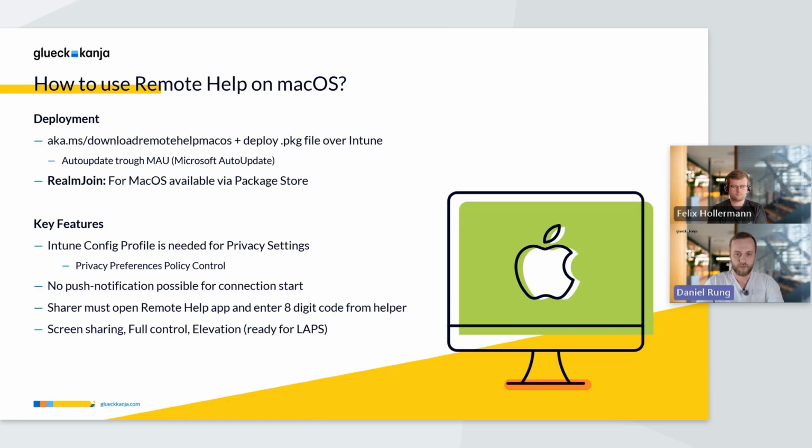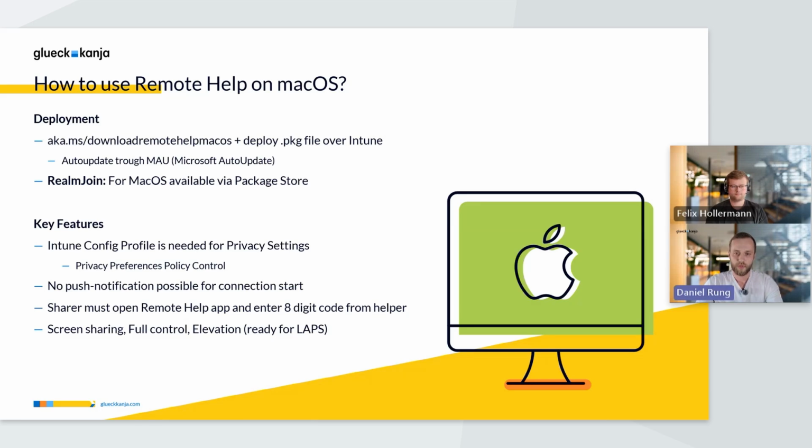You can just package it and deploy it via Intune. The auto updates will be done via Microsoft AutoUpdate on the devices. And also for this case, we have the app already packaged in our Realmjoin package store for macOS, and you can get it from there. And also the newest versions will be deployed from there.